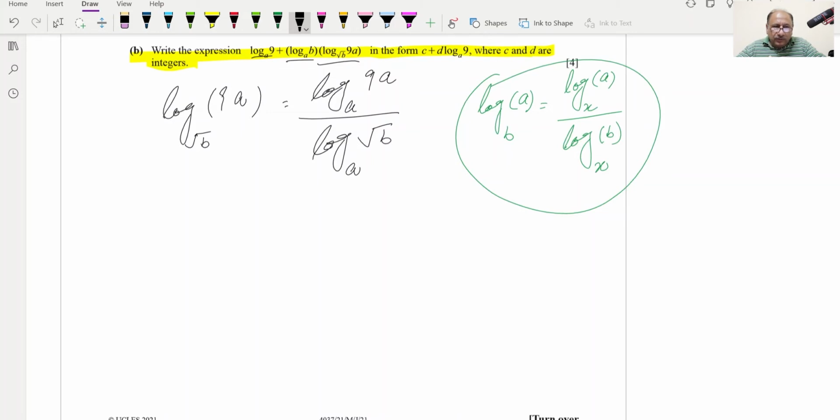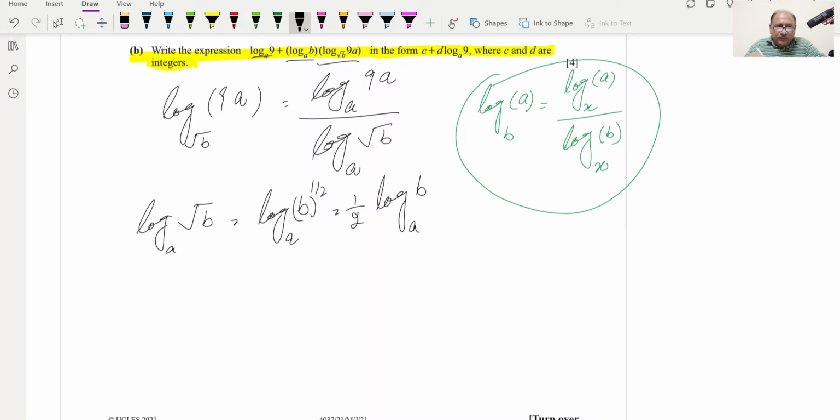Now log base a of under root b we can write as log base a of b raised to the power 1 by 2, and this 1 by 2 we can write first, so 1 by 2 log base a of b. We have solved this denominator separately, and we got these two terms.